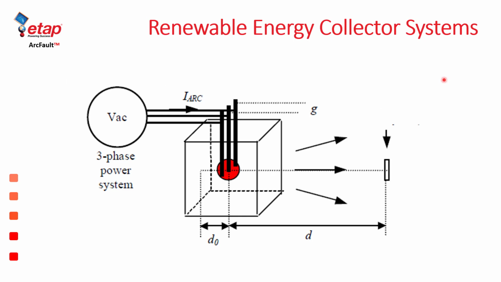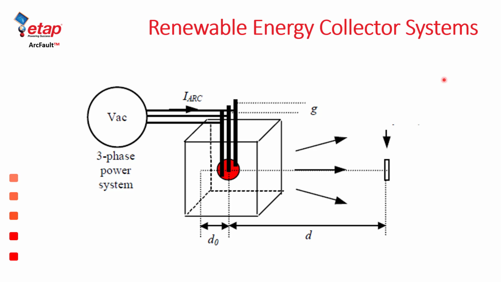ArcFault was extended using the principles explained by Wilkins in his reflectivity coefficient analysis, where he basically describes the reflected heat energy from a three-phase ArcFault inside of an enclosure related to the dimensions of the enclosure itself.